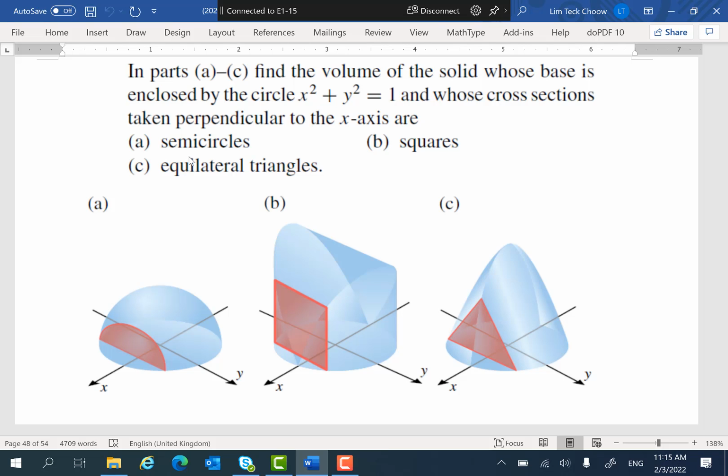You want to imagine this action. The equation x squared plus y squared equals 1 is the equation of a circle. So you can imagine there's actually a circle here.